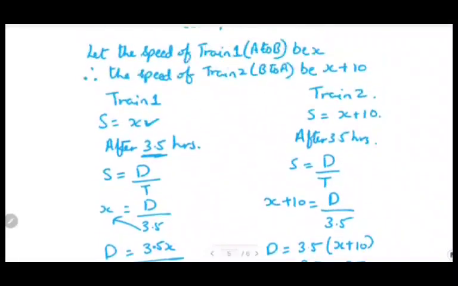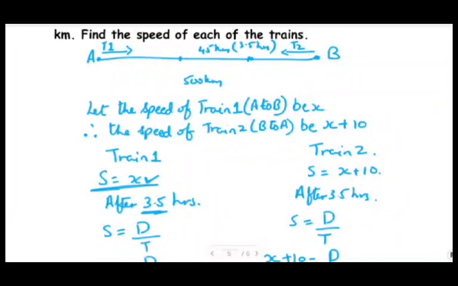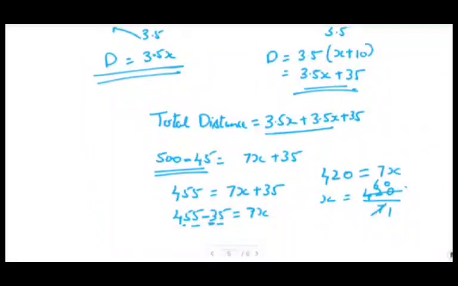So what is the speed of train 1? Speed of train 1 is 60 kilometers per hour. And what is the speed of train 2, which is x plus 10?